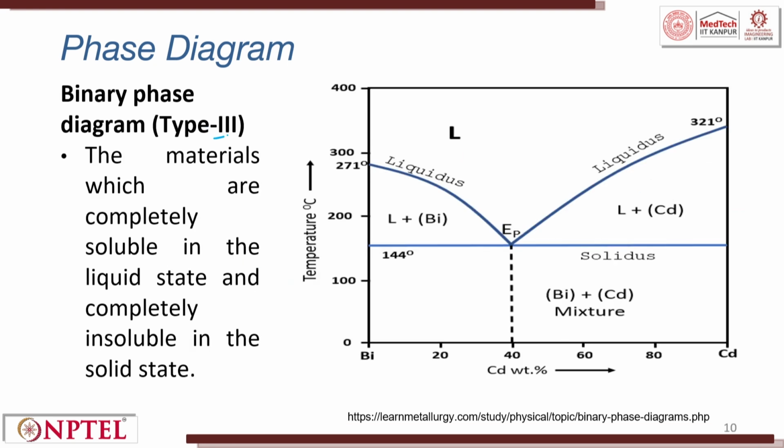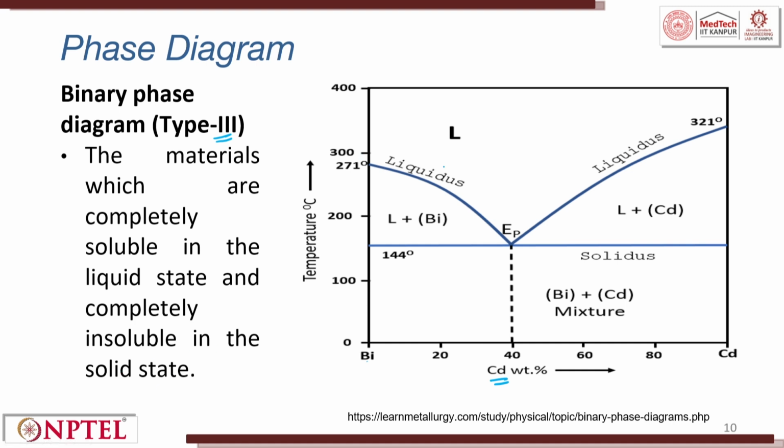When we go to type 3, we try to take cadmium, we try to take bismuth. So, temperature versus composition. You can see here the materials which are completely soluble in the liquid state are completely insoluble in the solid state.